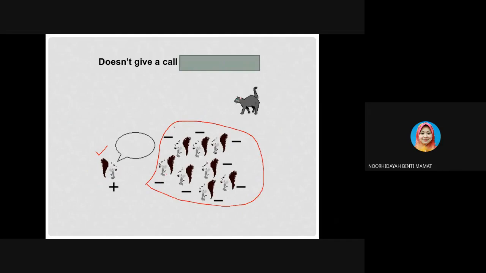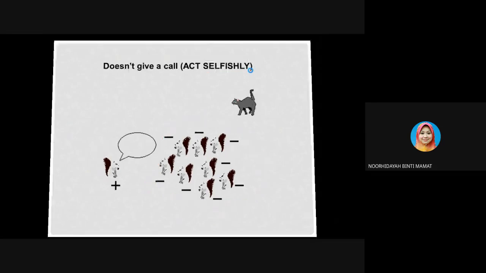So what do we call it? It is called acting selfishly. So actually altruism is when the action is a disadvantage to itself, but it gives benefits to others. So you call it altruistic.